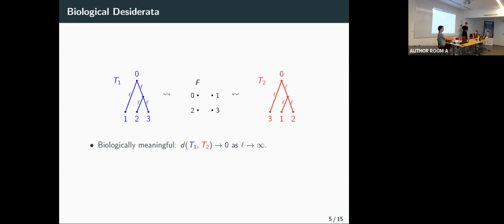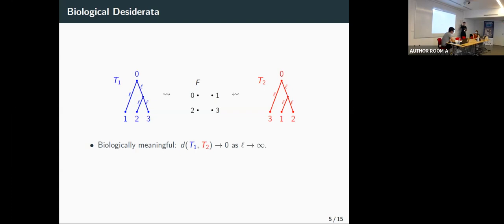So basically, what you would want is that a metric defined on this space should go to 0 as L goes to infinity, right? Because in the limit, those objects are considered the same thing. And when you try to picture the limit point, well, what comes to the mind is this forest here, where you have basically 4 isolated vertices, all labeled respectively with 1, 2, 3, and then also the root would be isolated.